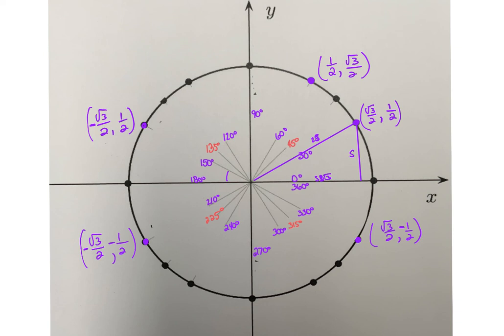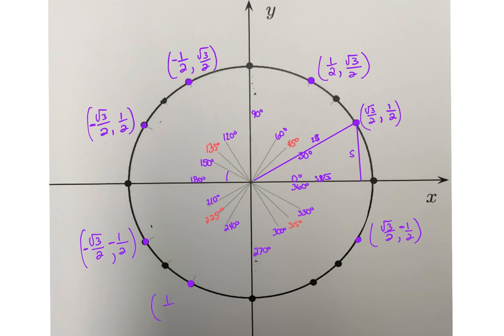Which means if I cross over, 120 creates a 60-degree angle down to my x-axis. So what do I know about those coordinates? They're going to be the same, except one thing changes. What changes? Yes, my x value is negative here. And then if I drop all the way down to 240, 240 is 60 away from my x-axis.